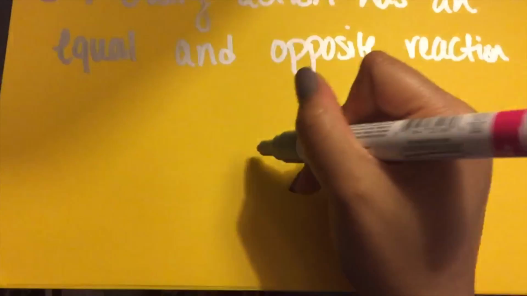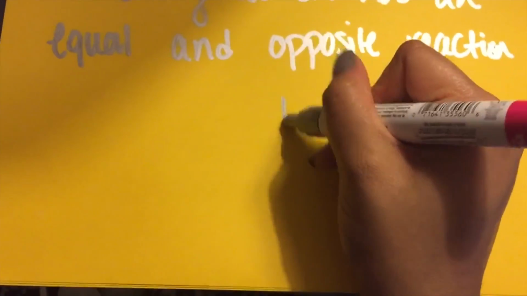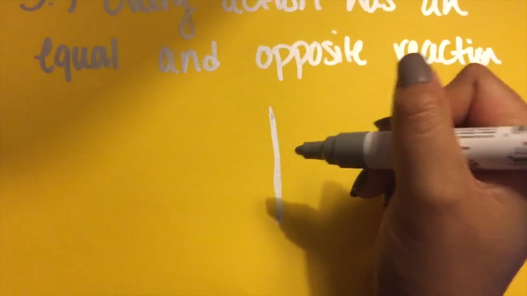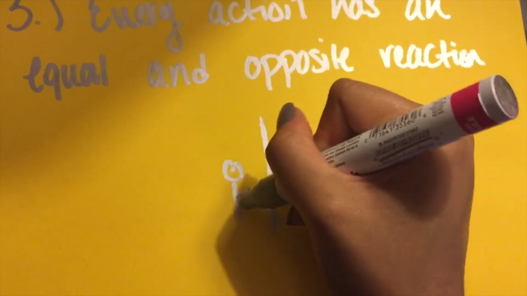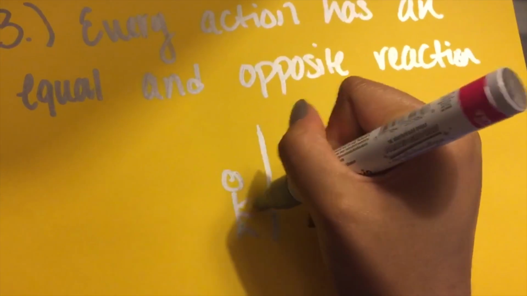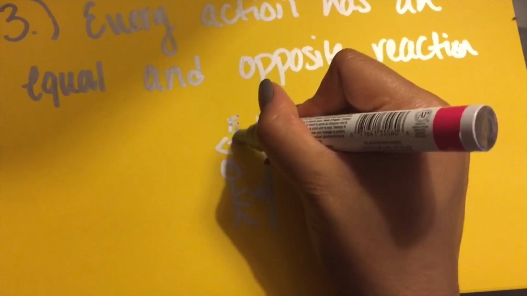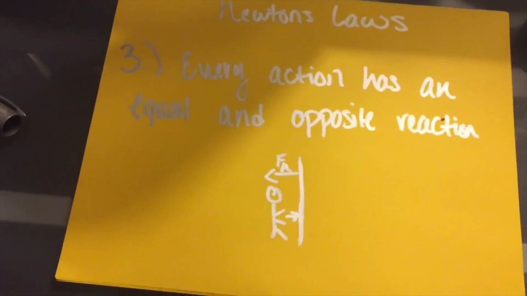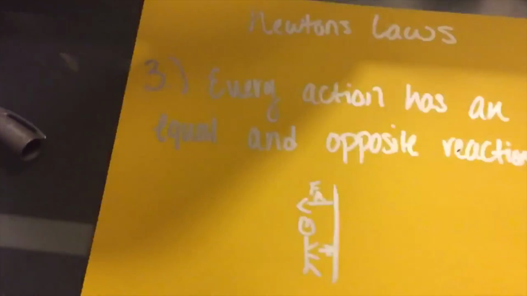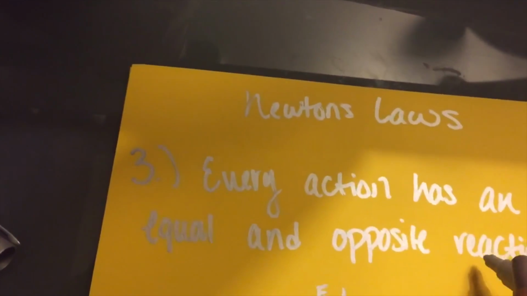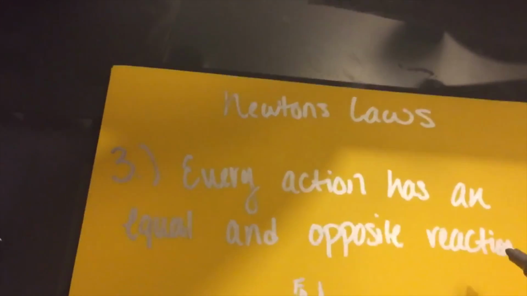So an example of this would be if you were to push on a wall, it's going to push back. You're pushing on the wall. And this would be an example of normal force, actually, because you have a surface, and if you have a surface, it pushes back. So normal force is a good example of Newton's third law.